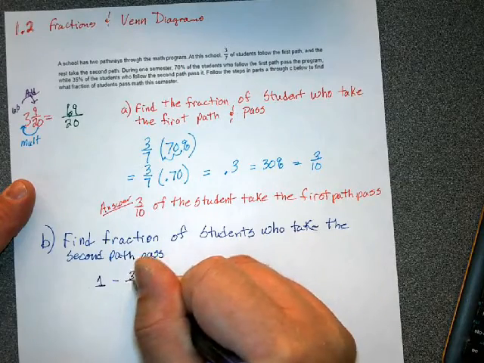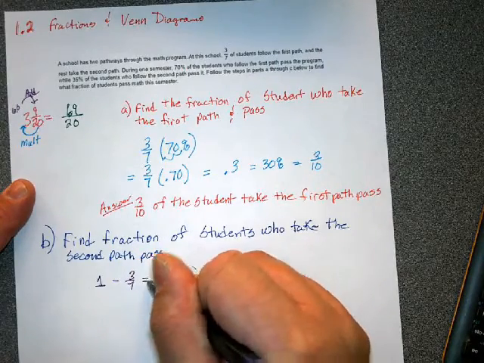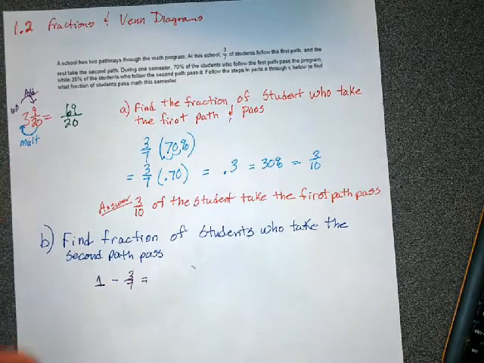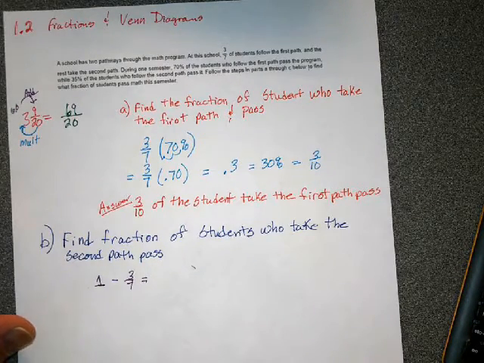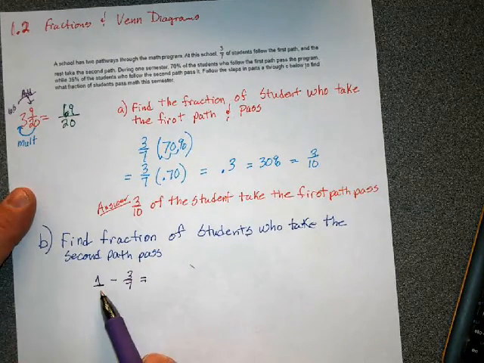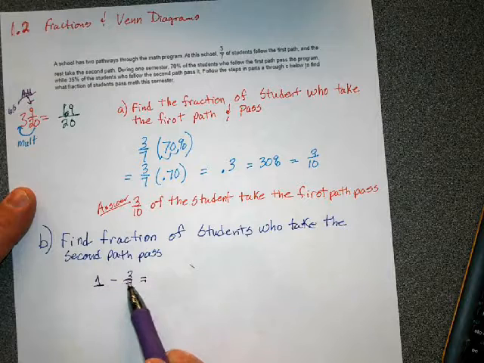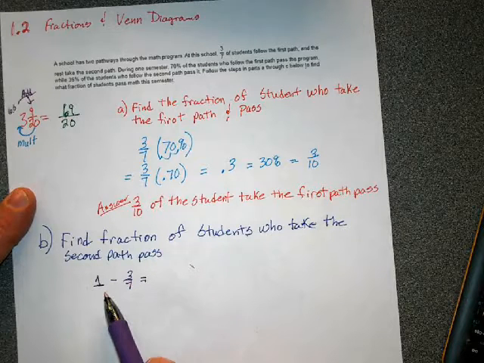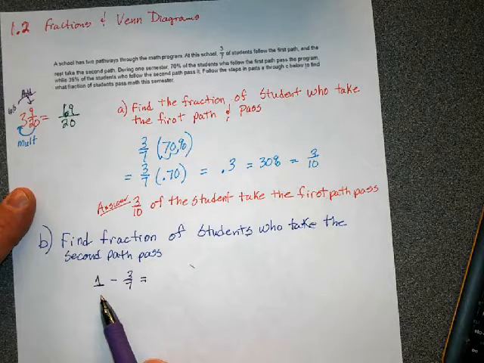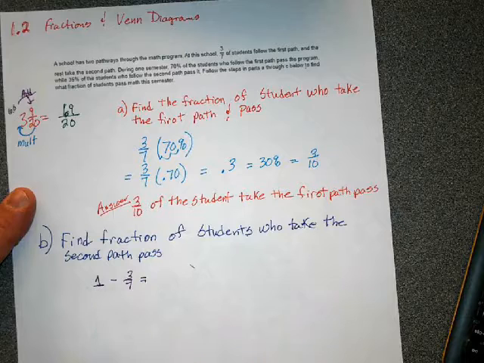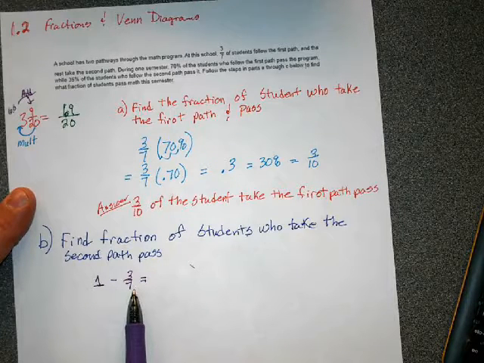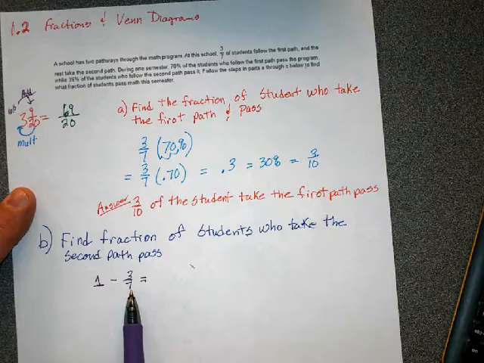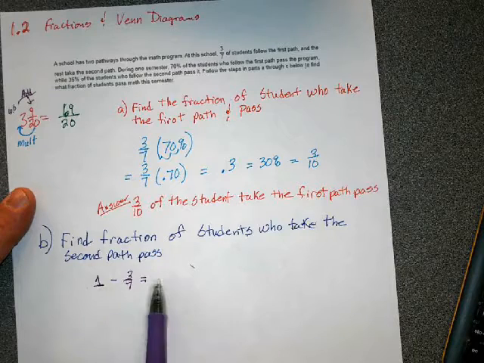That will equal the number of students that take the second path, right? Are you with me? Okay, 100% minus 3/7. 100% of the students, or 1, because I moved the decimal place over 2, right? Minus 3/7 of the students who take the first path, right? So if I minus the 3/7, that'll give me the number of students that take the second path.